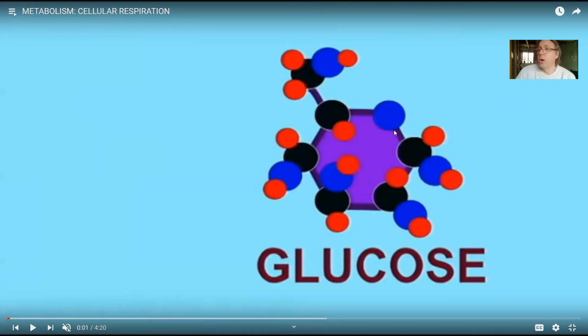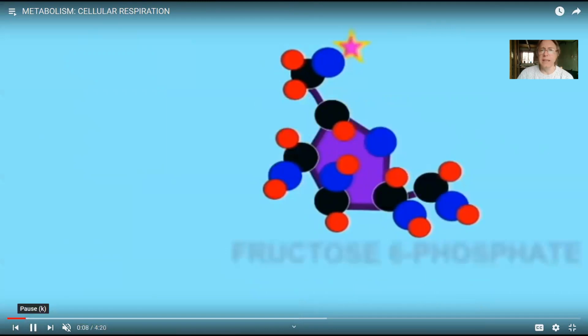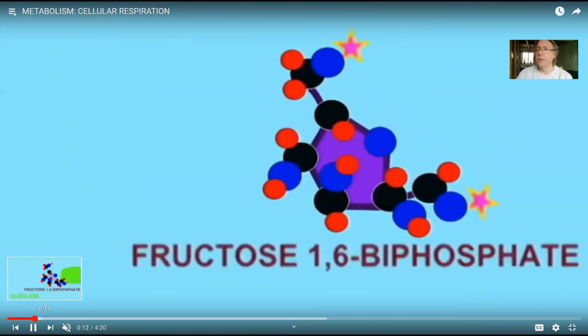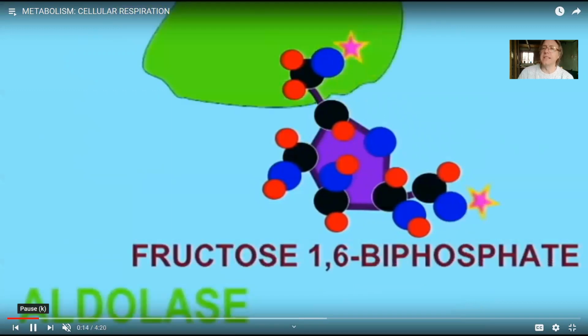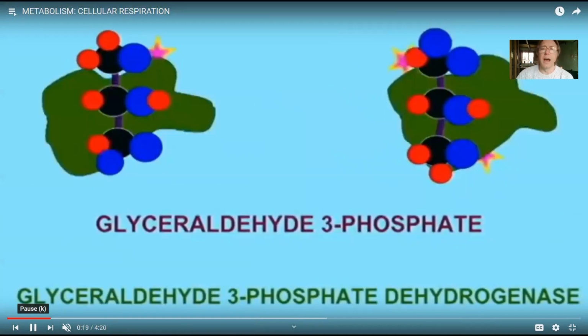This can occur anywhere in a cell. It doesn't have to occur in a special place like the mitochondria. It does not require oxygen, and you get a little bit of energy from it. Now, if you wanted to watch the full video, it would go into a little more detail, where initially ADP is required to start this off, but while 2 ATPs are invested at first, 4 ATPs result.